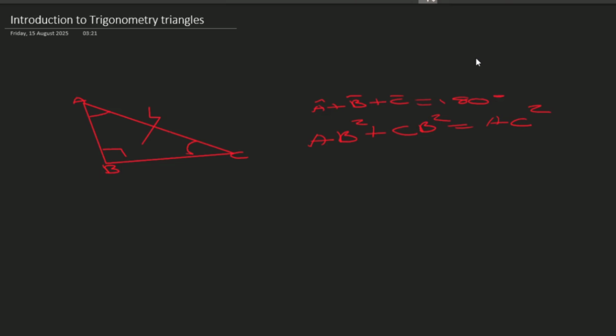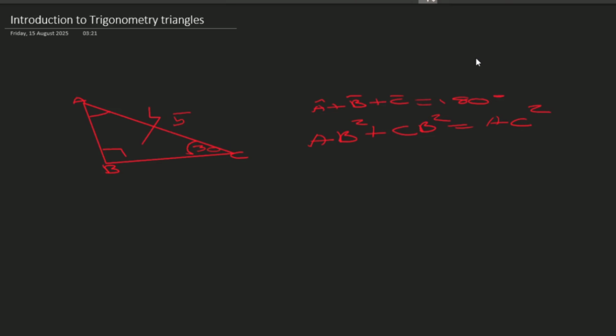And then we are given the hypotenuse line as, let's say, 5. Okay, now the question says find BC.